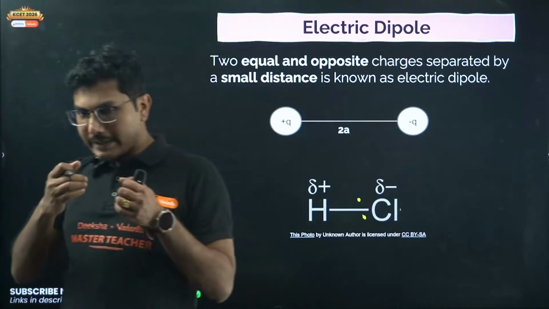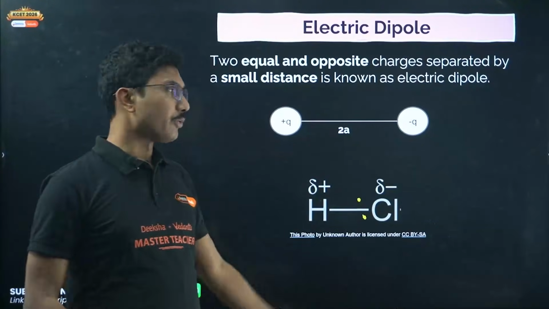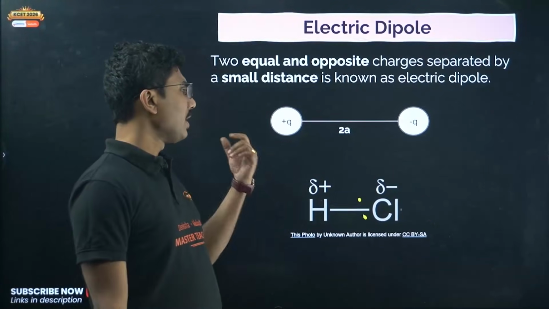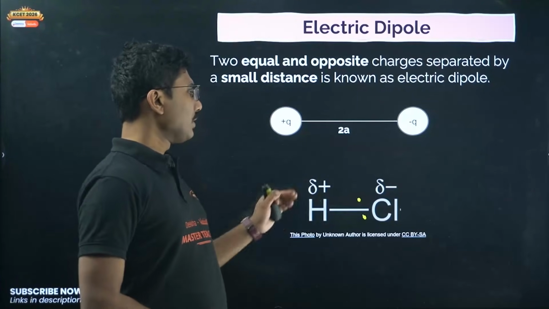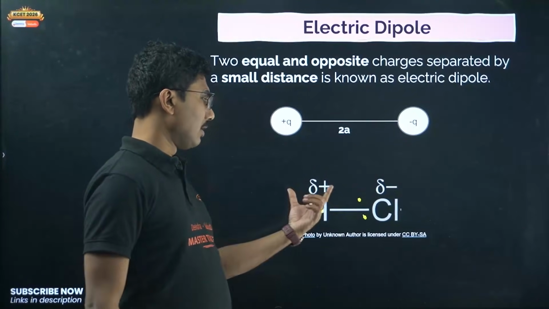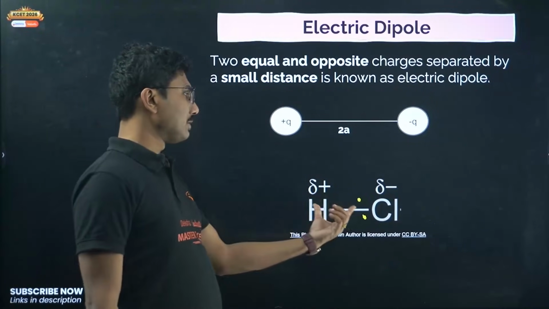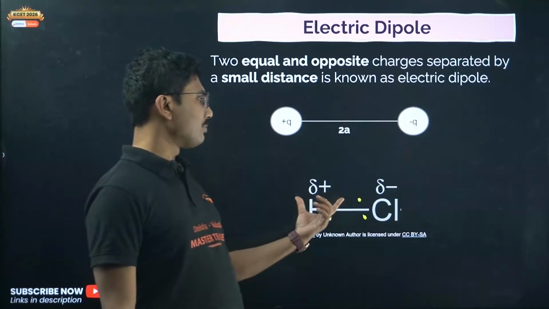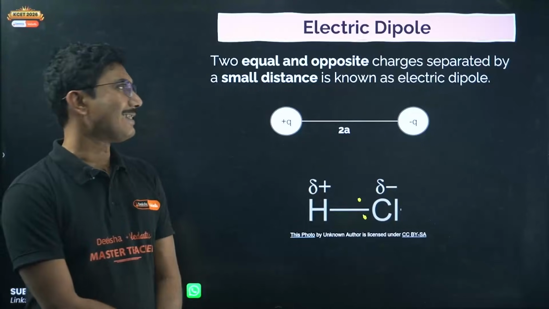Chlorine takes the electron closer to it, and because it is taking the electron closer to it, it basically gains a small negative charge and hydrogen becomes slightly positive. Okay, so this is an example of electric dipole, because the distance between them, the bond length, is very small. So hydrogen chloride gas can be considered to be an electric dipole.